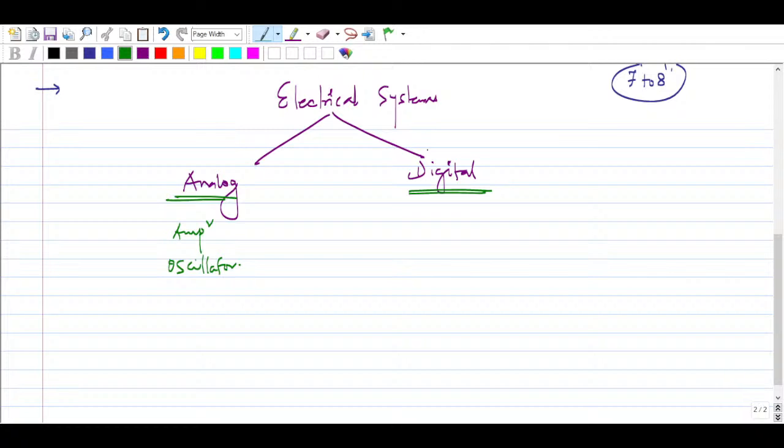And in case of digital systems, your digital computer is one of the best examples of digital circuits, right? We have to study digital circuits, so we will divide all these main topics into subtopics.